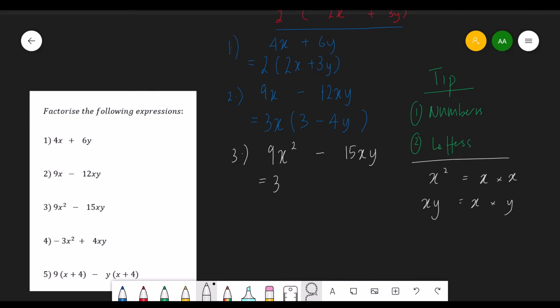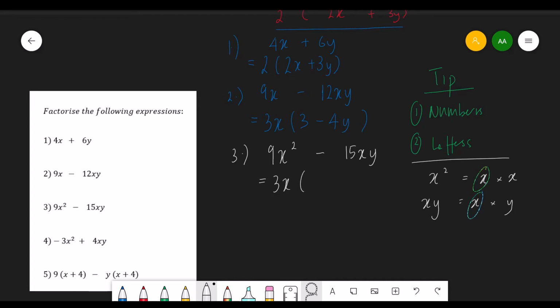So when I compare x squared and xy, I know one x is a common factor. So I must take out 1x first. Okay, 3x is a common factor.